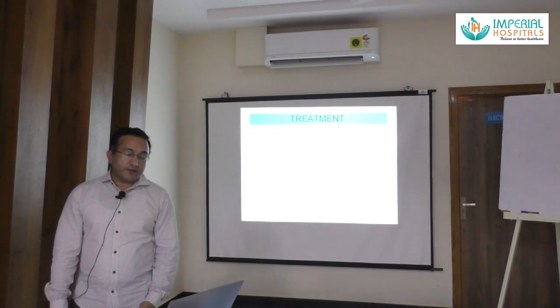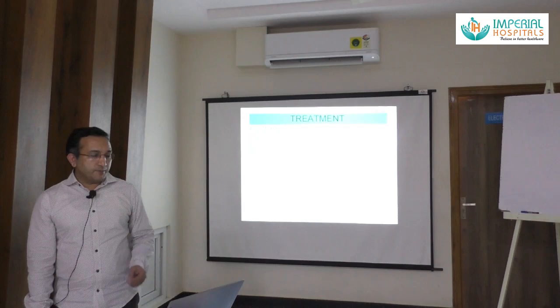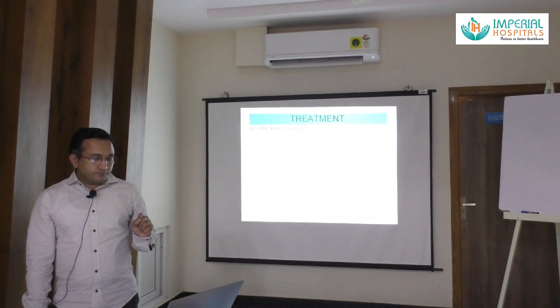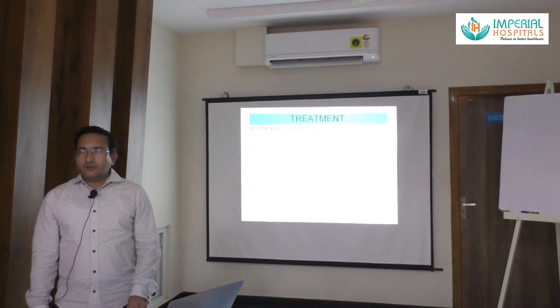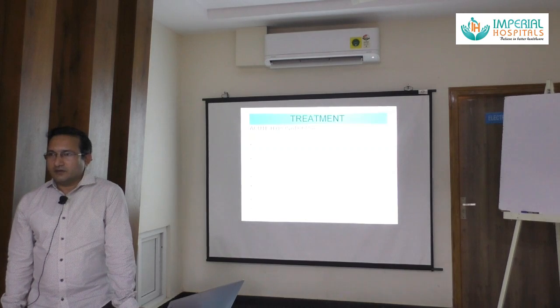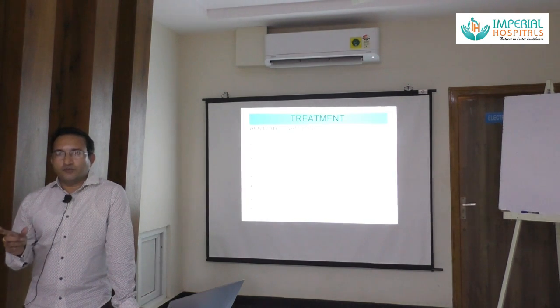Coming to the treatment of acute hyponatremia, in acute symptomatic hyponatremia the correction rate should be 1 to 2 millimoles per hour. But your target should be only 4 to 6 millimoles, which is sufficient to alleviate the symptoms.